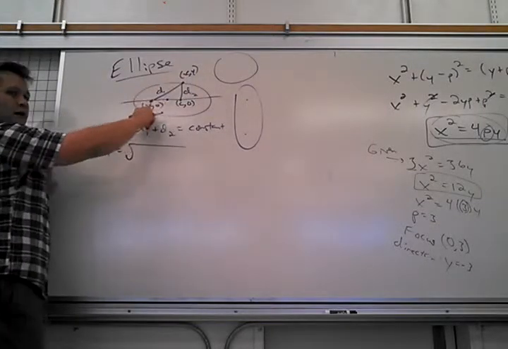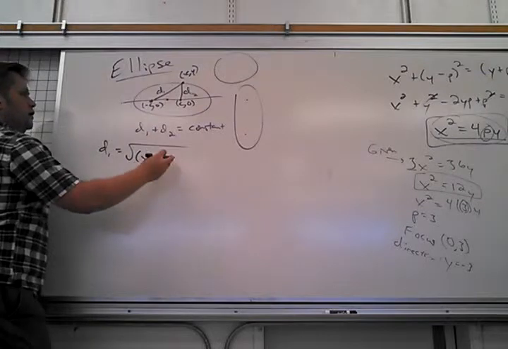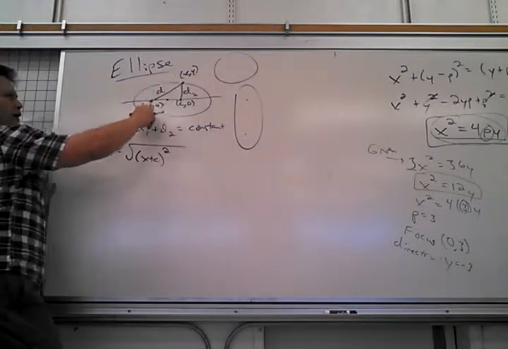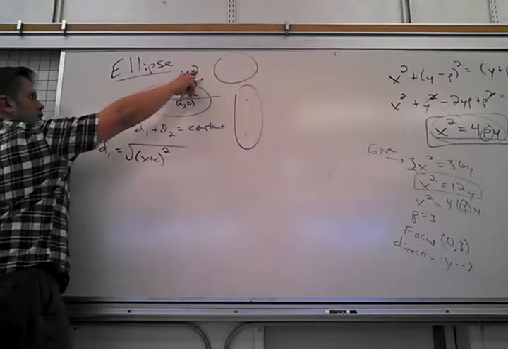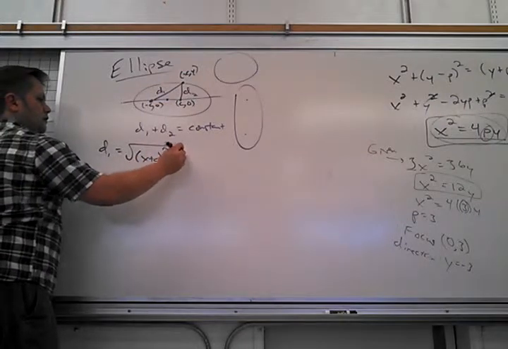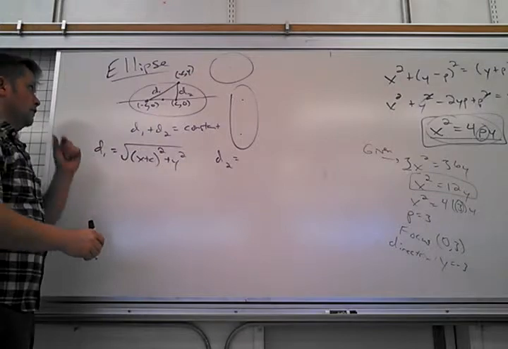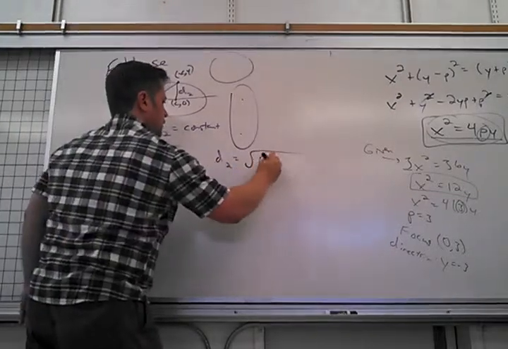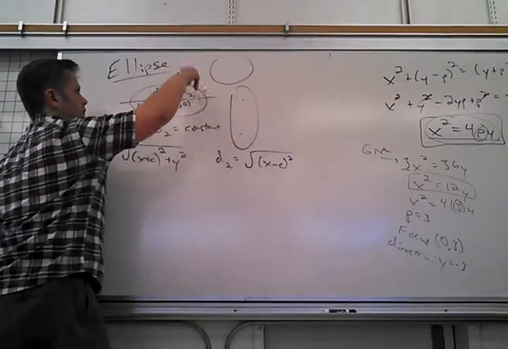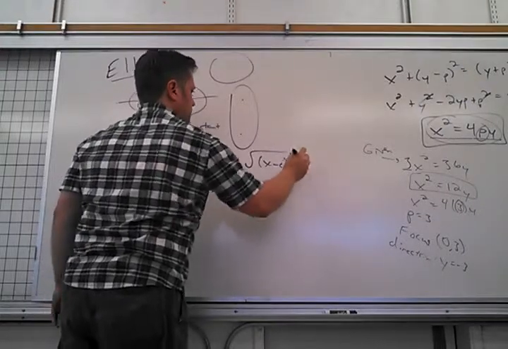So x minus negative c is x plus c. So x minus negative c is x plus c. Y minus 0 is y. And what's d2? Yeah, square root of x minus c squared, and again, plus y squared.